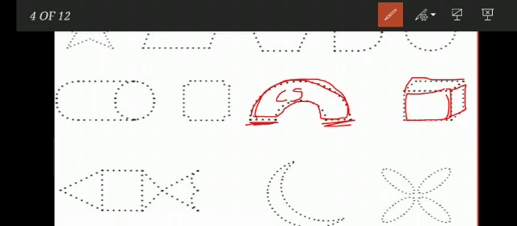This is straight lines, so we put just the letter S. Then, in this one you see straight line is also coming and curved line is also coming. So we write CS. You understand?